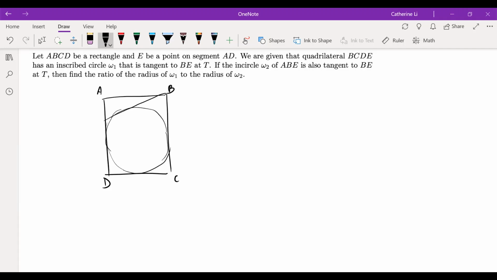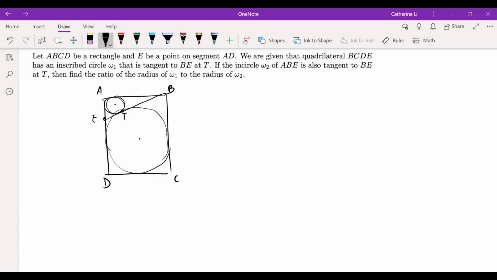So E is here-ish. And we're given that this is tangent to BE at T. And then also ABE's incircle is tangent at T. And we want to find the ratio of the radii, the big one to the small one.